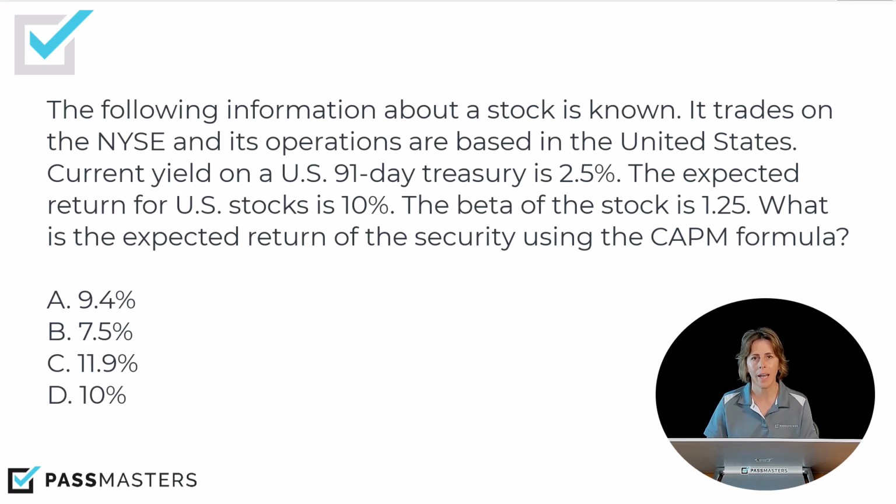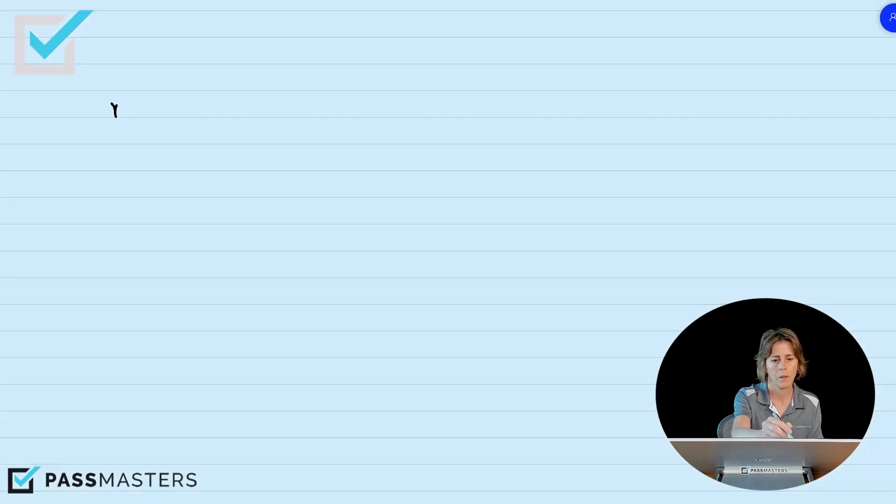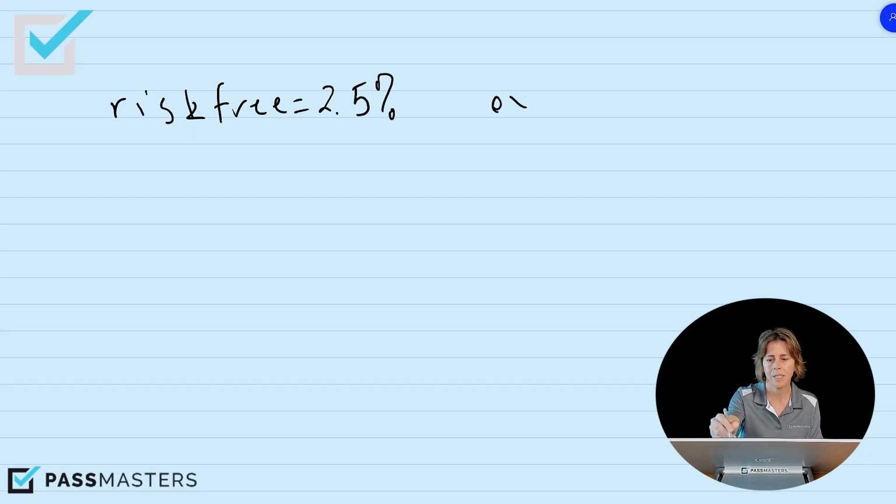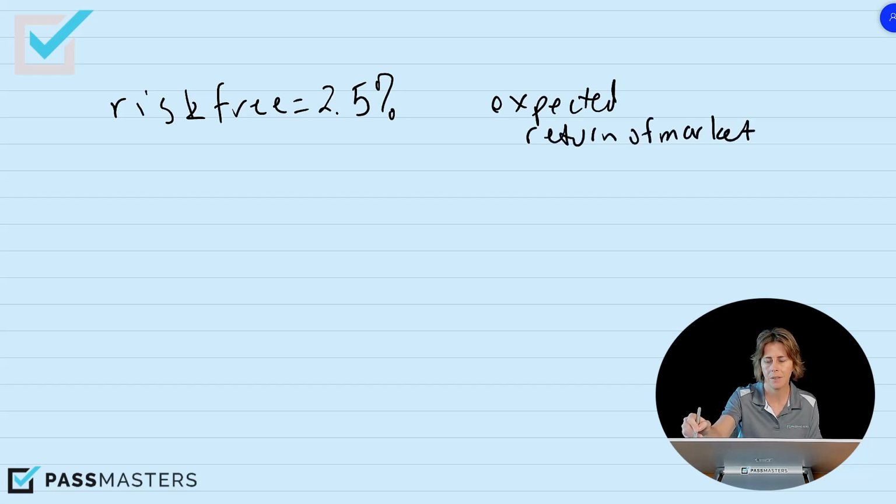So let's look at what our givens are in this question. Risk-free 2.5, expected return of the market 10. So you're going to use your scratch paper to keep track of all of these numbers. And the beta of the security that you're trying to determine the expected return for is 1.25.